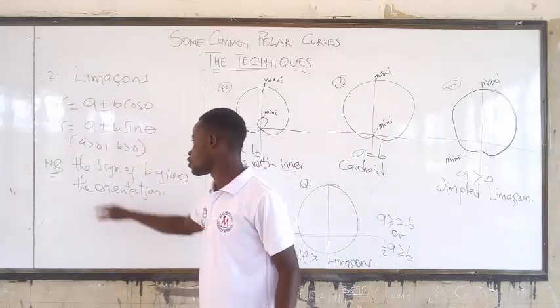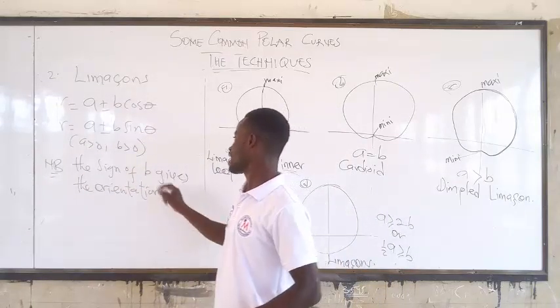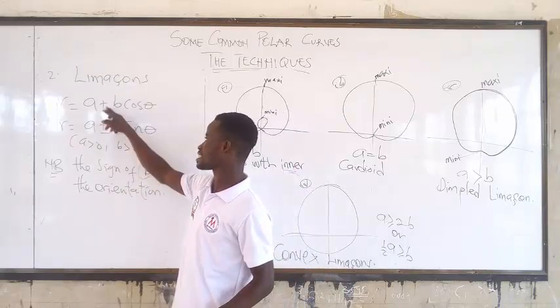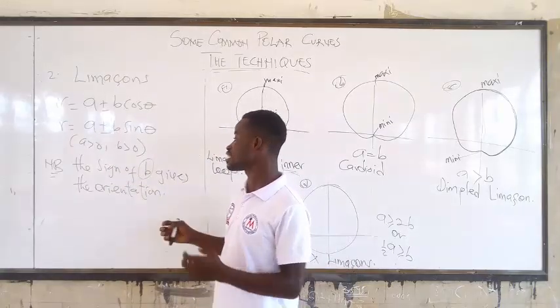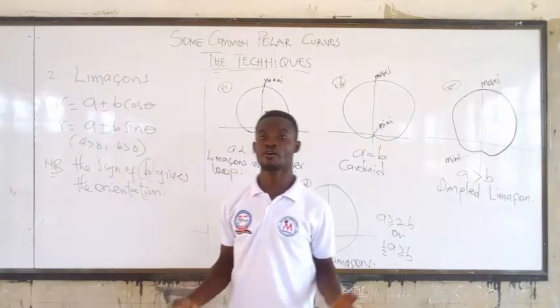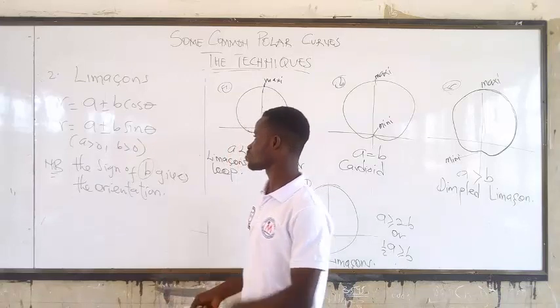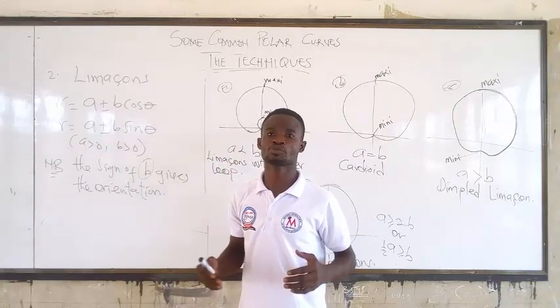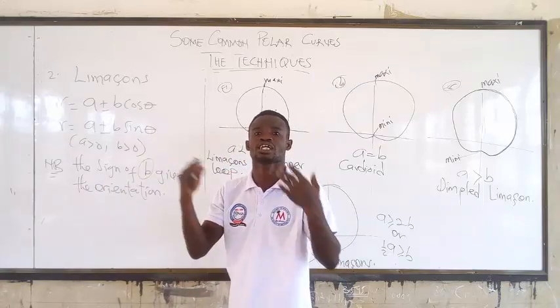Alright. Now, the sign, whether plus or minus there, gives the orientation. We have already discovered that the sign attached to the sine or cos shows whether it's going to be on the x-axis or on the y-axis.